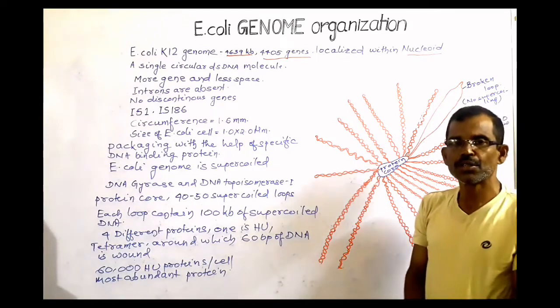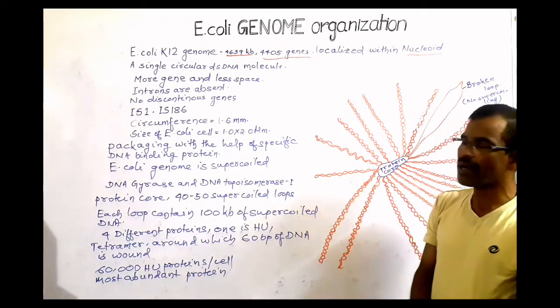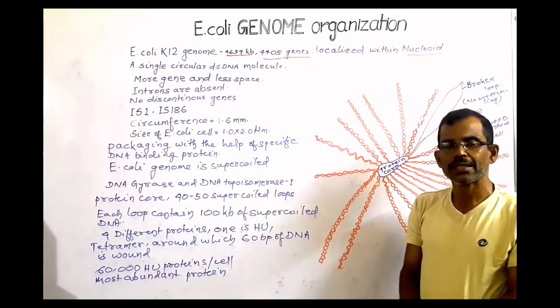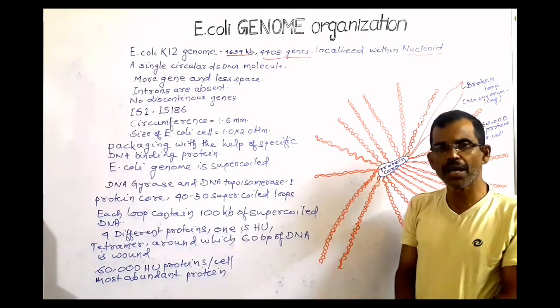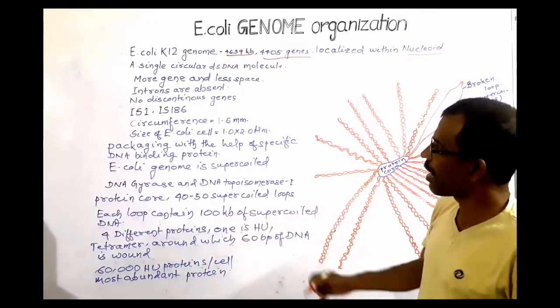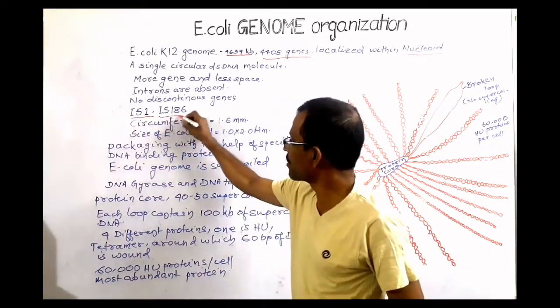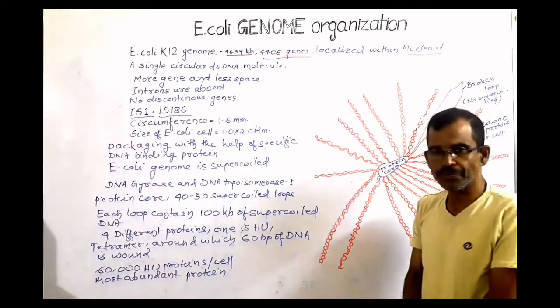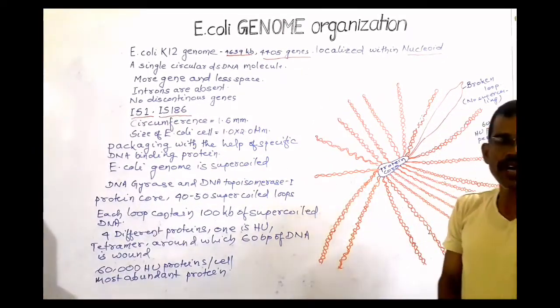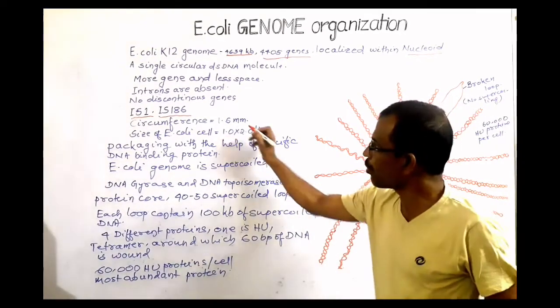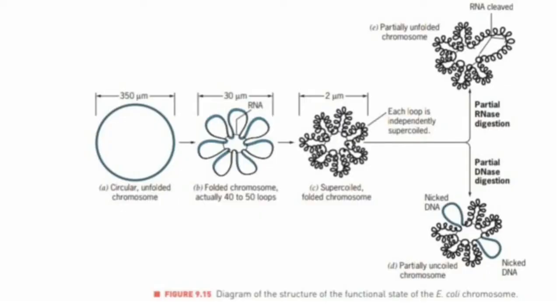However, the genome of E. coli K12 contains certain other sequences that might be repeated elsewhere. The sequences are insertion sequence 1 and insertion sequence 186. The circumference of the genome of E. coli is just 1.6 millimeter, whereas the size of the E. coli cell is very small.